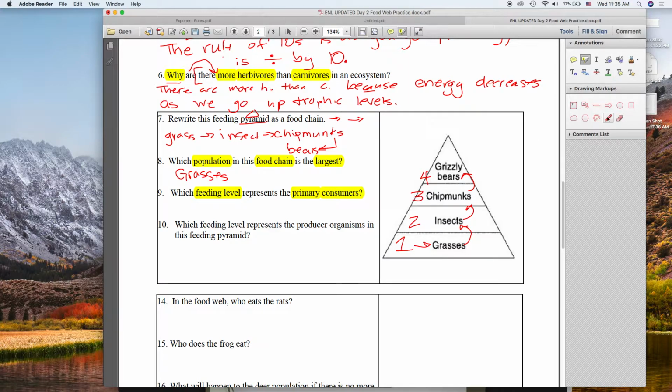Now remember at the bottom we have plants, which are producers. So grasses is out. Now primary means one. This is also a vocabulary word, and consumer means eating. That's also a vocabulary word. So which here is the first of consumers? Insects.